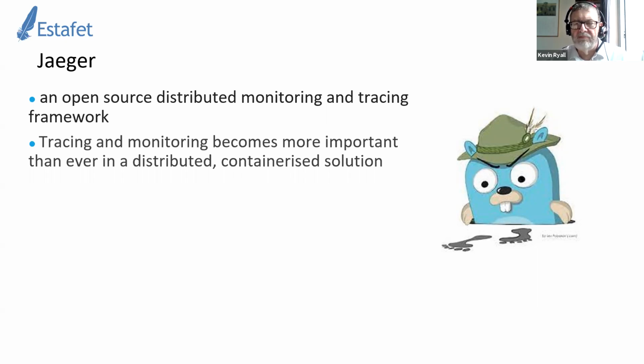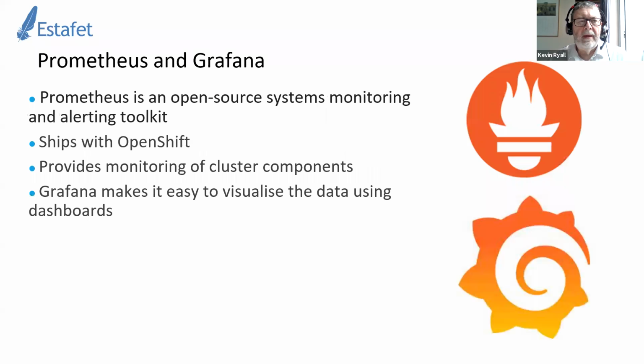And in this next part of the labs, you'll be setting up Jaeger tracing to work with your cool store monolith. And we'll also introduce you to Prometheus and Grafana. Both of those are easily built into OpenShift.